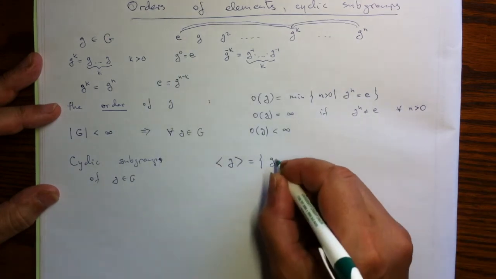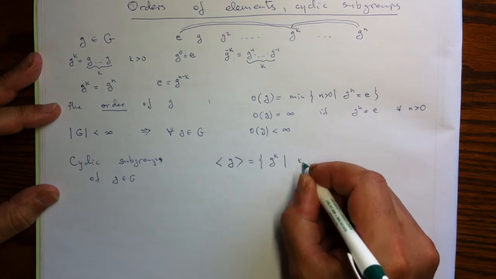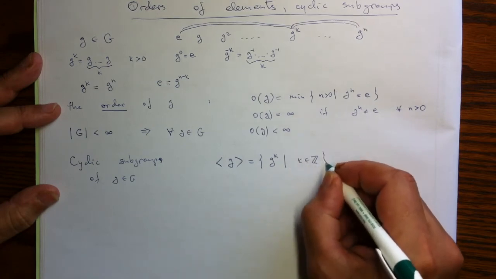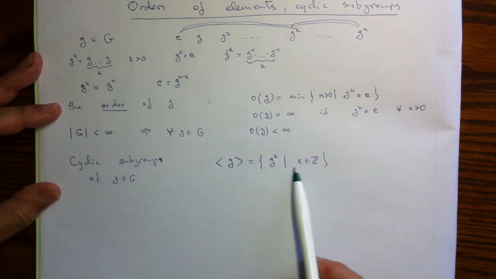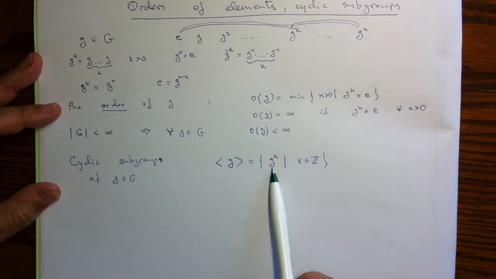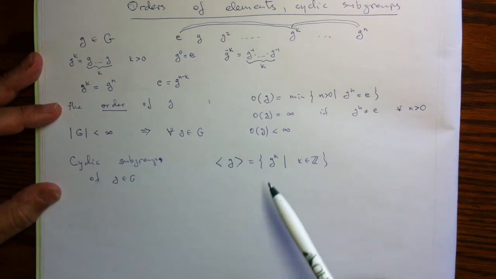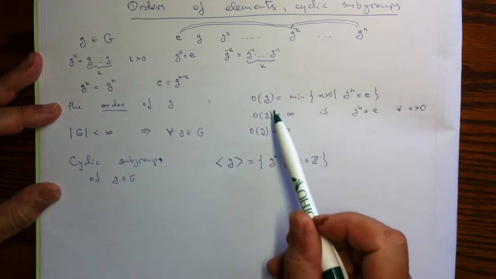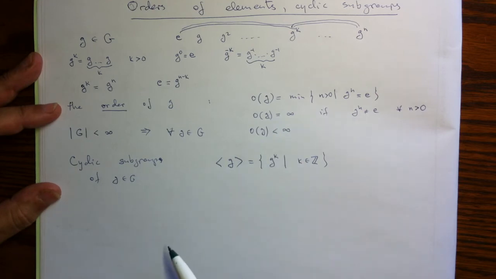So that's what I will just record here: all possible integer powers as my elements. I'm writing it in this notation, but I'm not assuming that all these answers are different, because they will not be, say, if the order of g is finite.